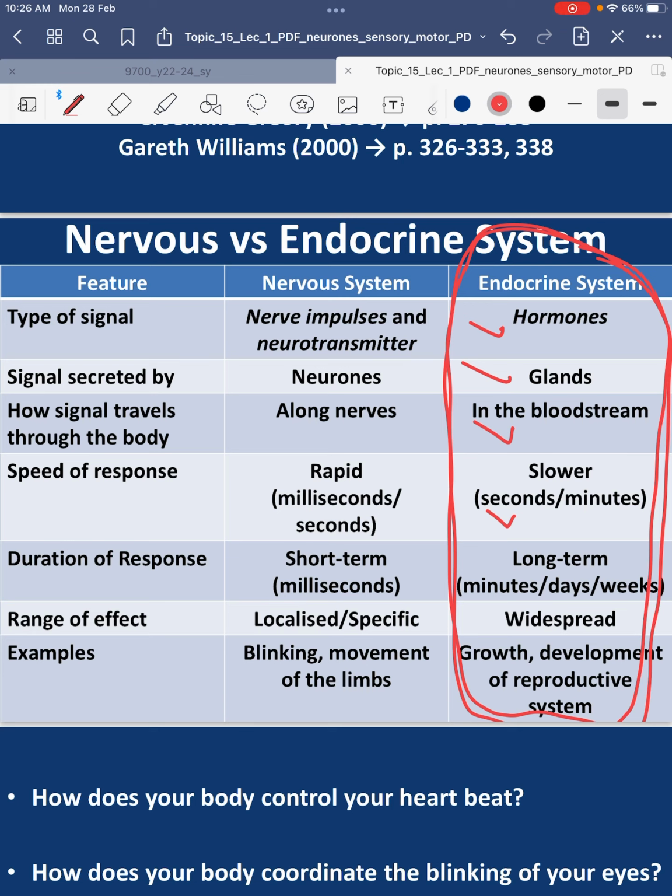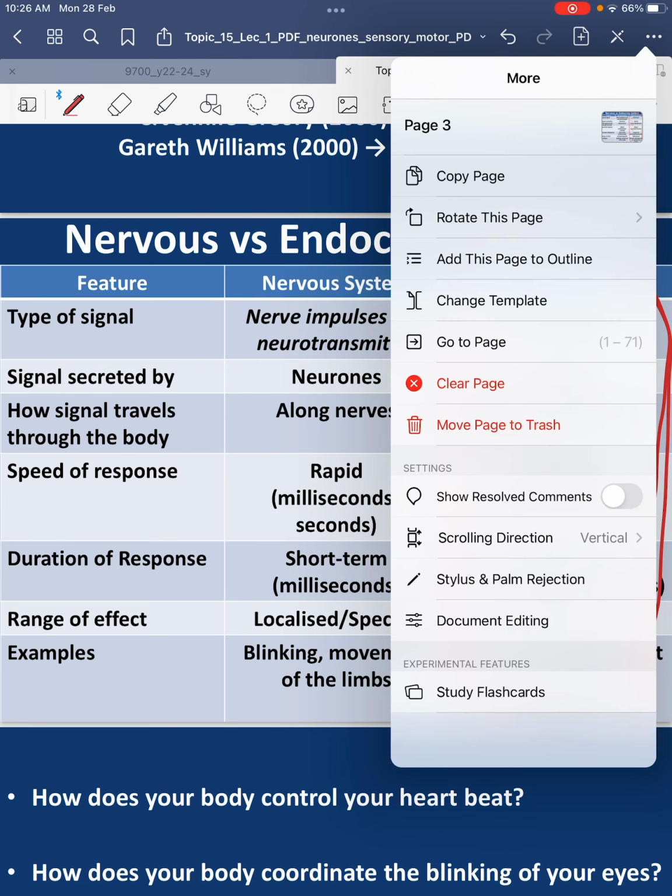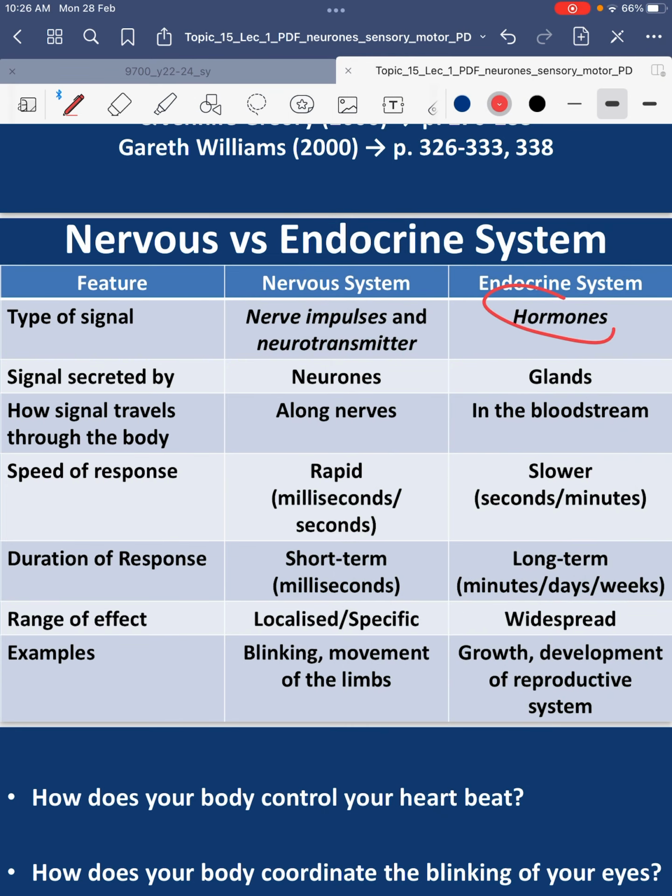For example, when we look at the hormone insulin, it will target skeletal muscles, apart from the liver.